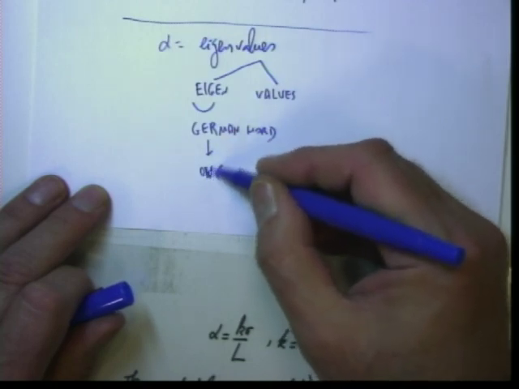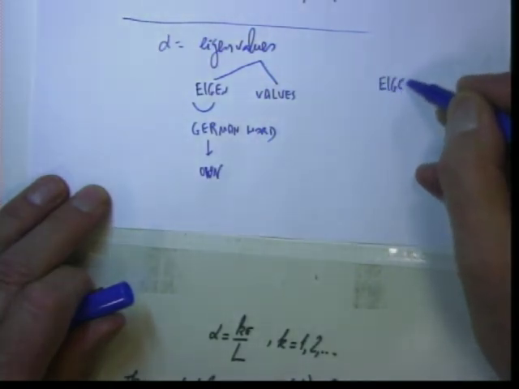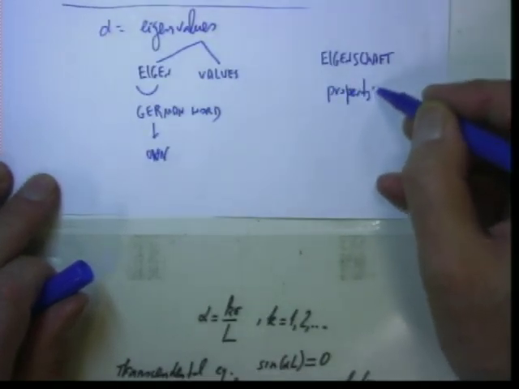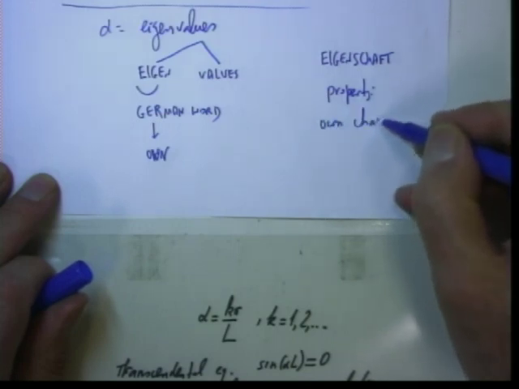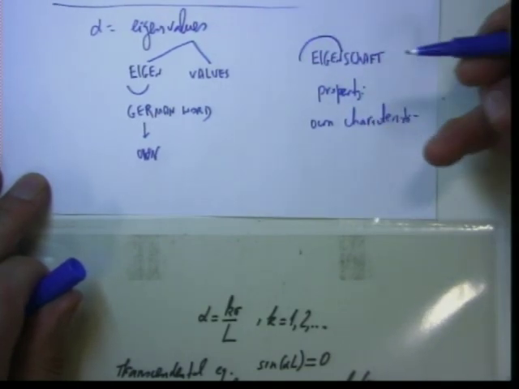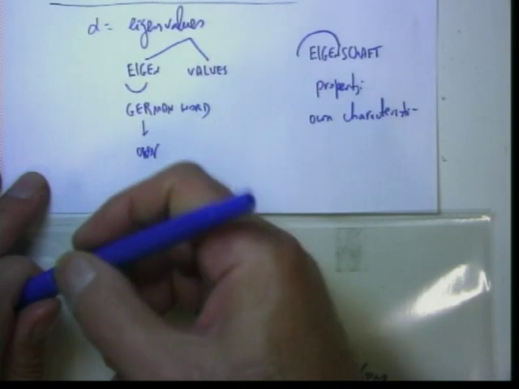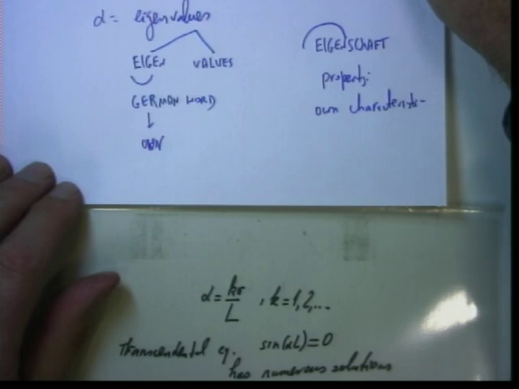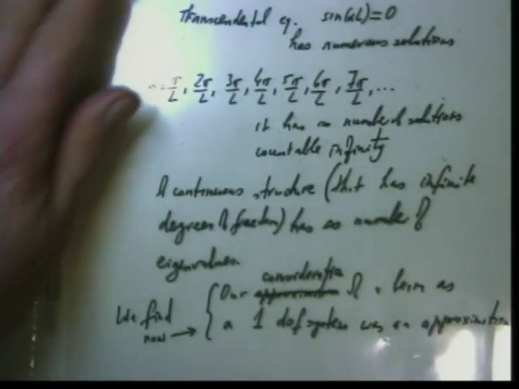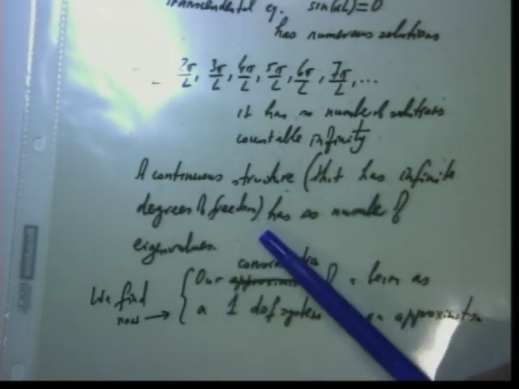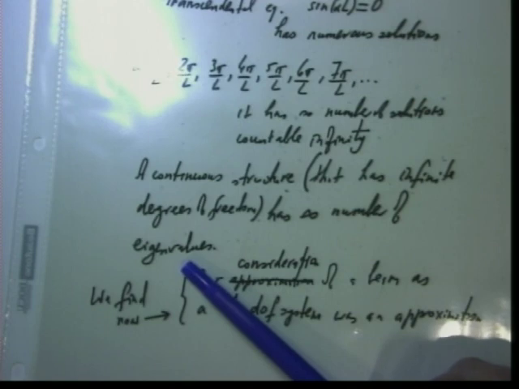For example, Eigenschaft means property or own characteristic. So it comes from this German word eigen. These eigenvalues are used also in English literature on both sides of the Atlantic. So a continuous structure that has infinite degrees of freedom has an infinite number of eigenvalues.